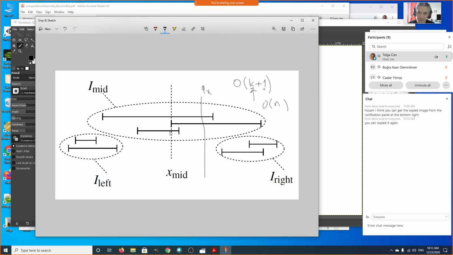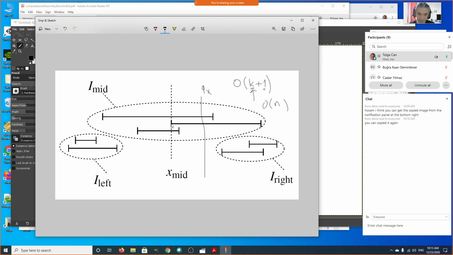Now, is this really the same problem? We are given a set of line segments in IMID and we have QX. I want to report the ones that contain QX. It's actually a little bit different because what I know about these line segments is that all of them have their beginning points to the left of XMID, or on XMID.